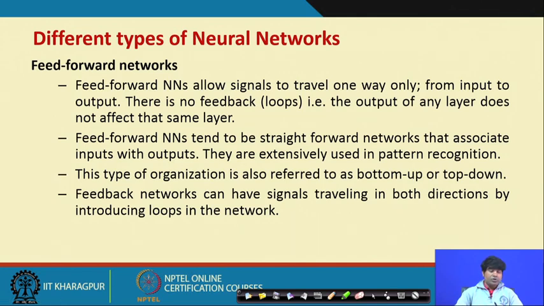So, now in neural networks, we have different types. One of the interesting structures is called feed forward networks, and the feed forward networks allow the signals to travel one way only, from input to output, and there is no feedback mechanism, so the output of any layer does not affect the same layer.